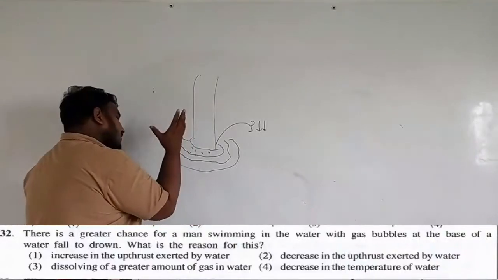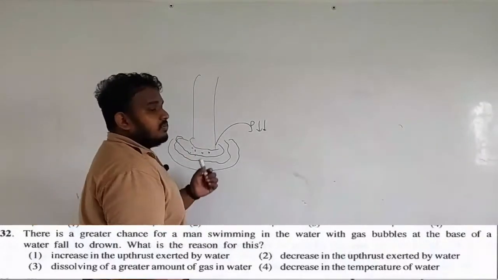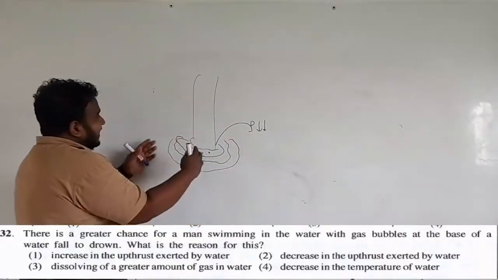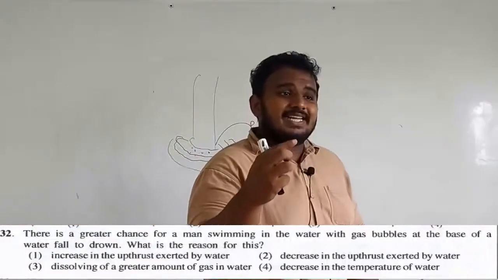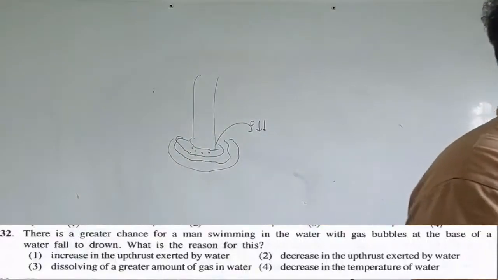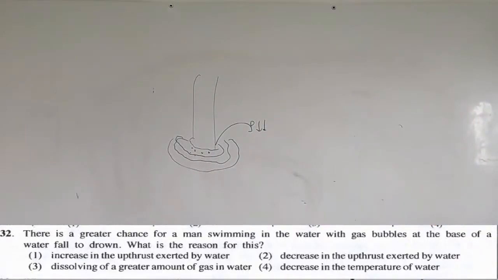So the reason why it is not healthy to bathe or to swim close to the place where a waterfall is, is the lower density of the liquid. So it is basically when you have a very thorough knowledge of upthrust that you will solve this one. So the answer for this one is the second answer, decrease in upthrust exerted by water.